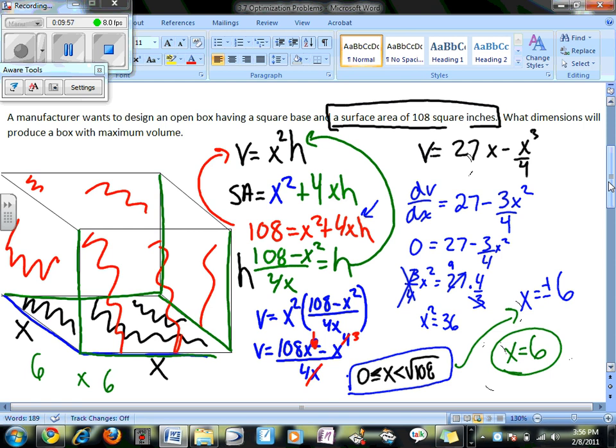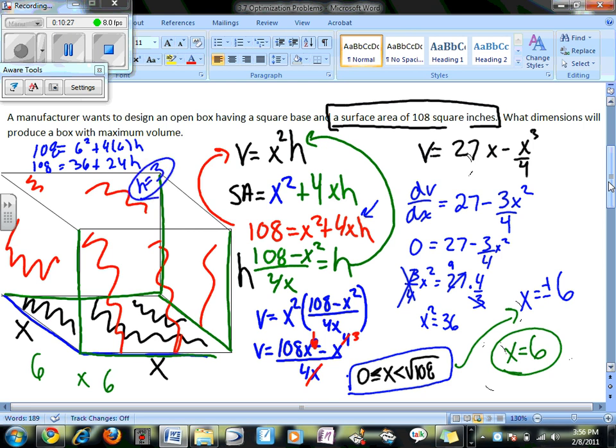So 108 equals 6 squared plus 4 times 6 times h. 6 squared is 36, when we subtract that over, we'll get 36 plus 24h equals 108. If you subtract 36 over and divide by 24, we get our height to equal 3.